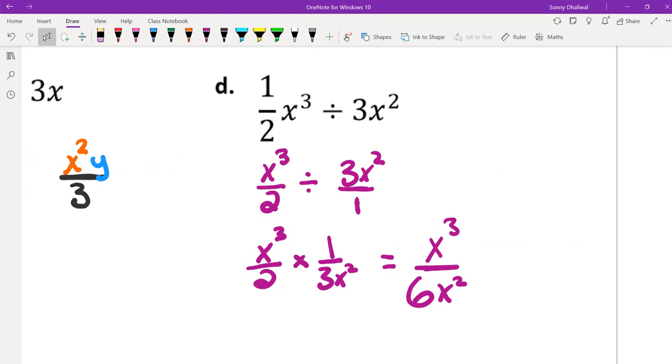Okay. Now we have x's on the top, x's on the bottom. We need to clean this up. The number has nothing to be simplified, so that just stays as 6. And the x gets what exponent?